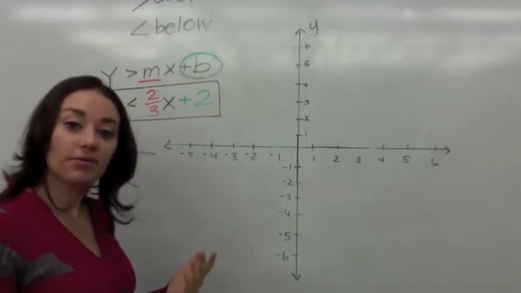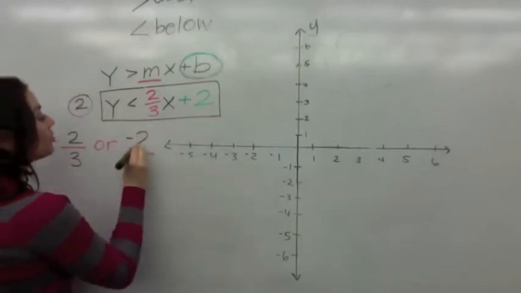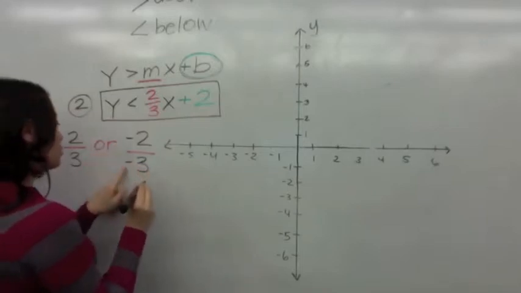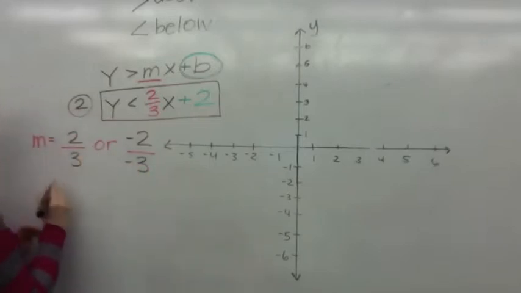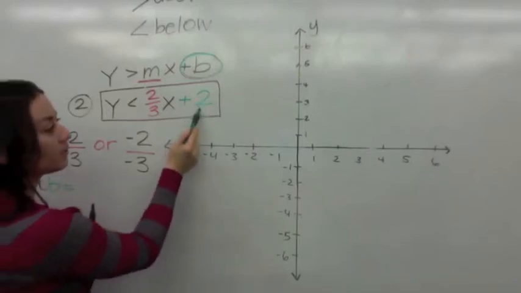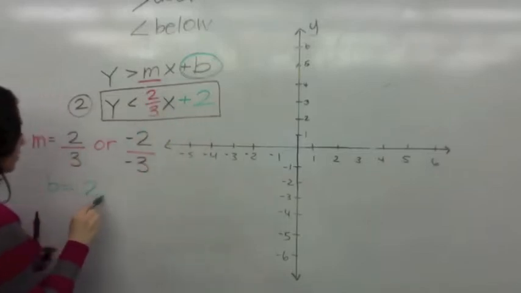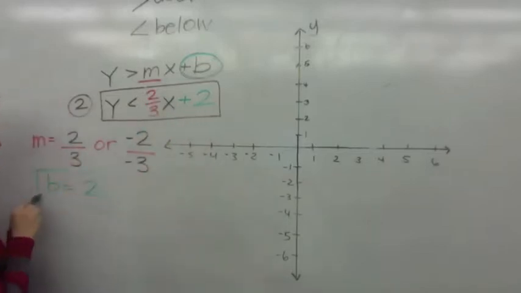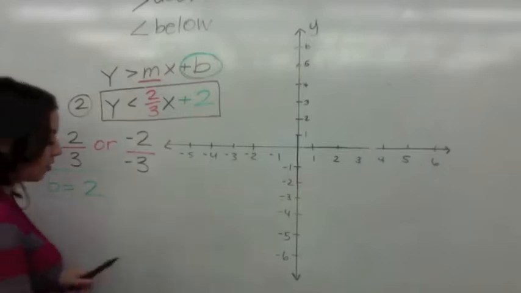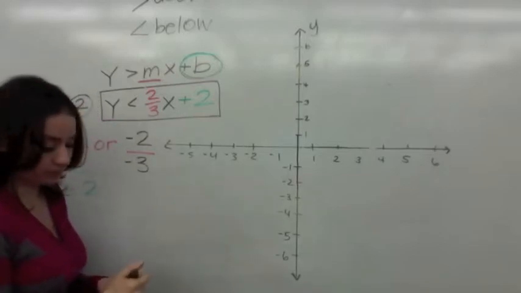Negative times negative, right? So it could be -2/3. You have to have two negatives to make something positive. Okay? And then your b, or your y-intercept, who knows what the y-intercept is? It's being added to the linear term. It's 2.